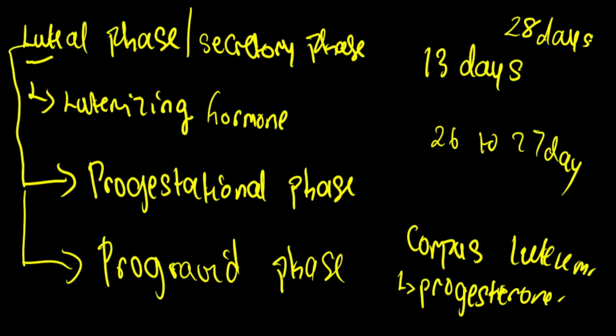What happens if fertilization doesn't occur? At the luteal phase, of course, ovulation has already taken place, because ovulation takes place when we're looking at the average of 28 days for the menstrual cycle. Ovulation takes place on day 14 to day 15. Why is this?